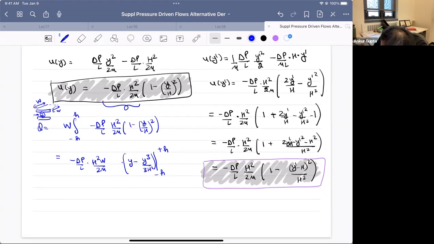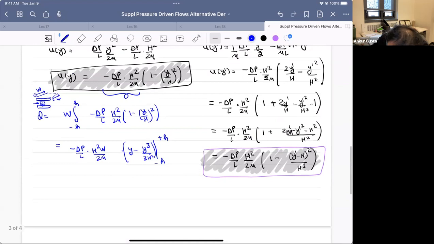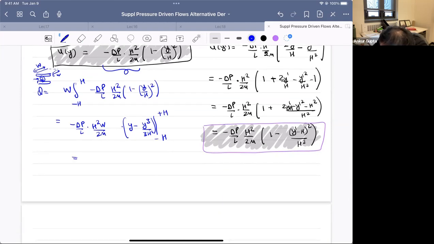So what you get out is, with minus H to H in capital, apologies, this is just habit, capital H, plus H. So when you do this, you get out 2 minus 2 by 3, so 4 by 3.